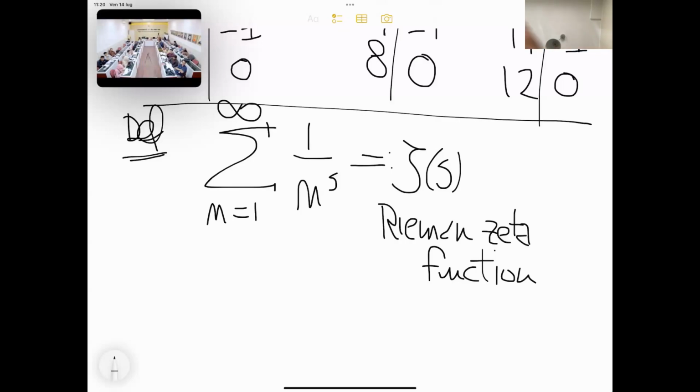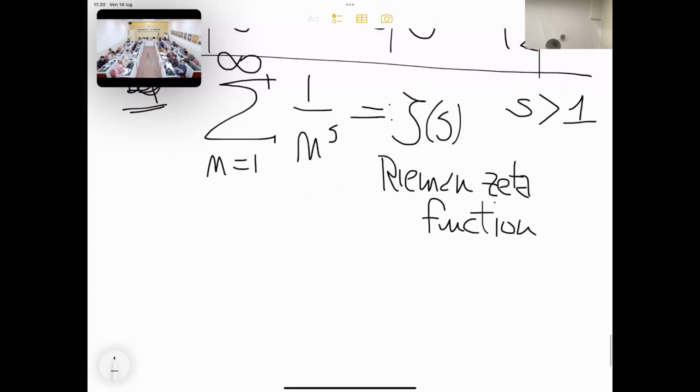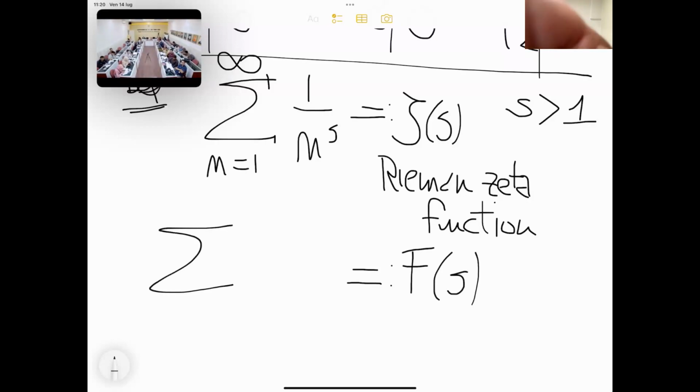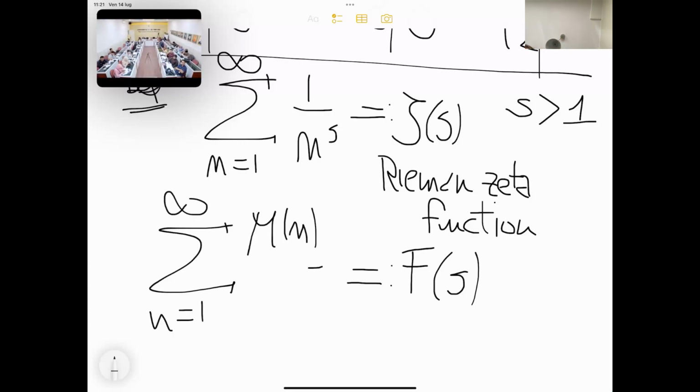And this is going to be the topic of Michel Waldschmidt's lectures next week. I'm not going to say much more about this, except that this makes sense for s bigger than 1, right? Otherwise, the series does not converge. And then let's take another series, which I'm going to call f of s: the sum where n goes from 1 to infinity of mu of n over n to the power s. I'm not going to give a name to this because in a second you will understand what's happening.